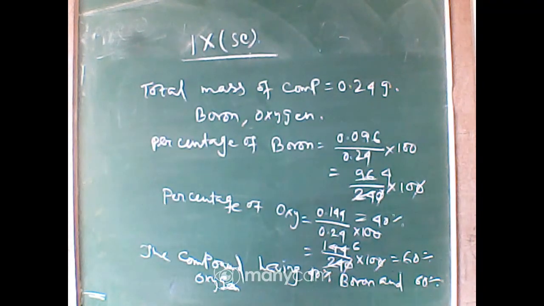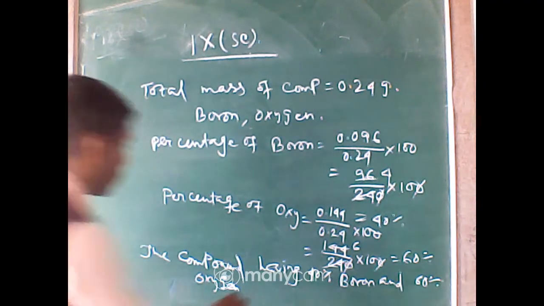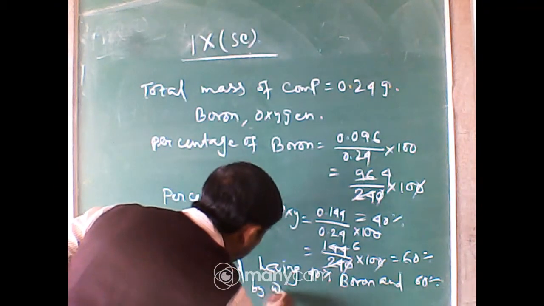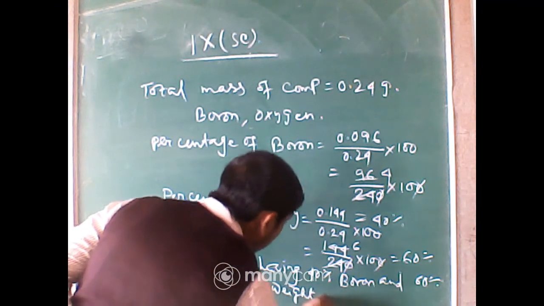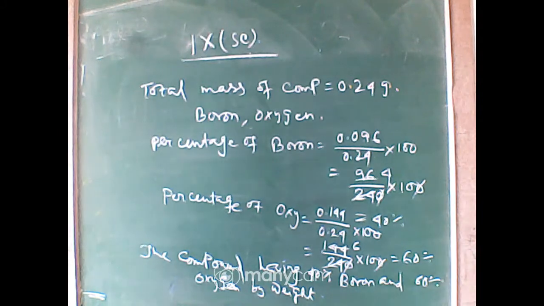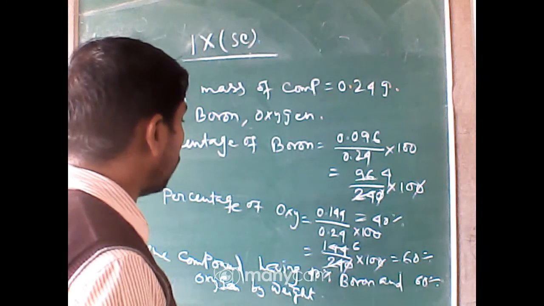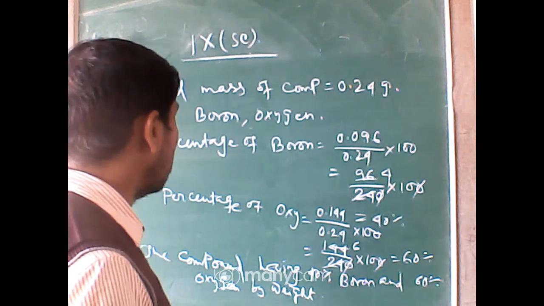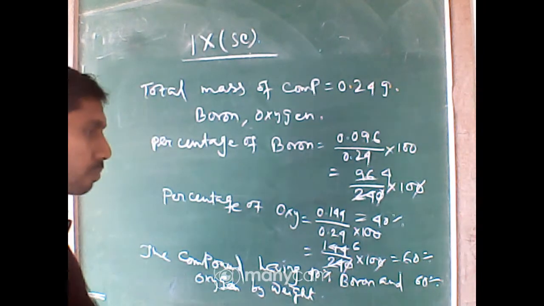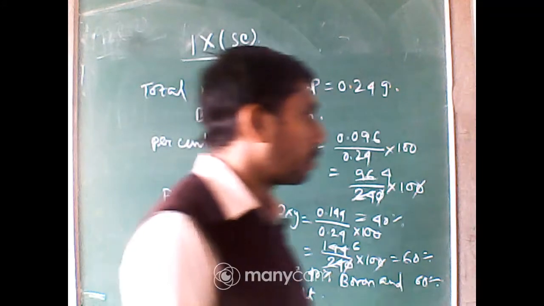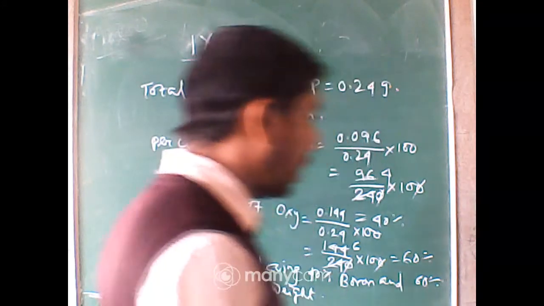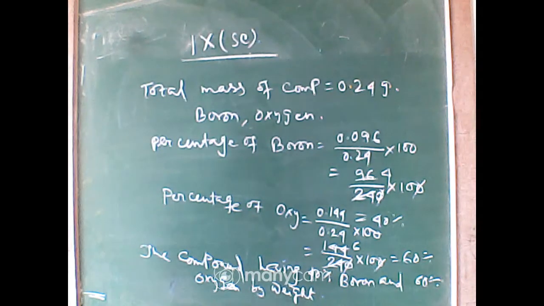What was asked? By weight. It is the last statement of your answer. The last line is: the compound has 40% boron and 60% oxygen by weight. Okay, done. Now come to the next one.